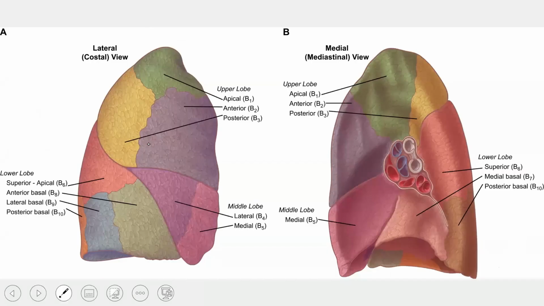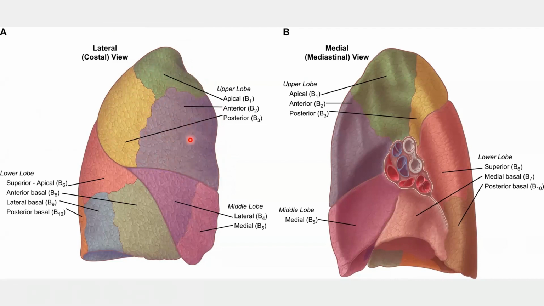See here, you don't have to know the names and locations of these, but this is the upper lobe. You can see it is divided into three parts. Each of these parts acts as a single separate functional and anatomical location.